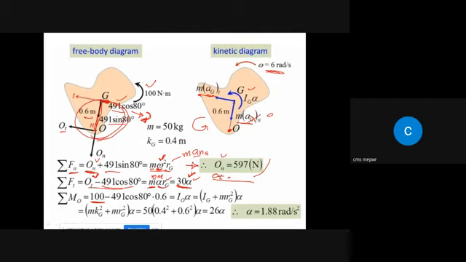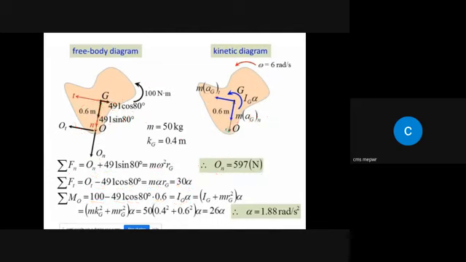This is basically the force that we have over here, and this should be multiplied with this distance. So 491 cos of 80 multiplied by 0.6, right? And that should be equal to I naught alpha.